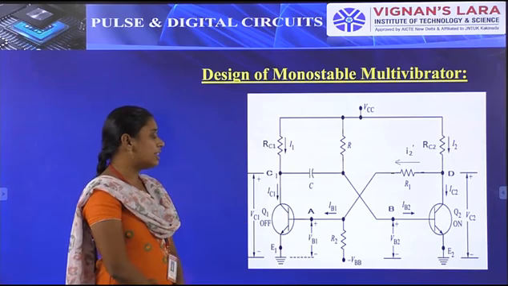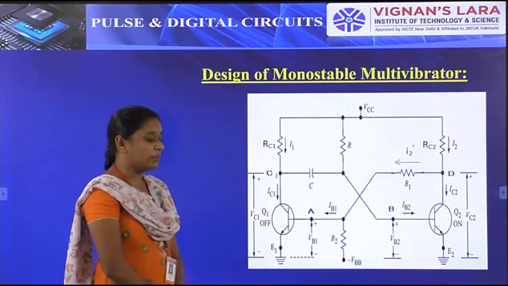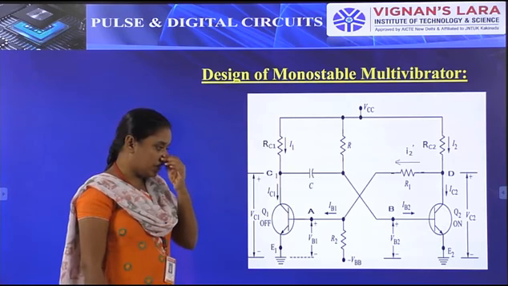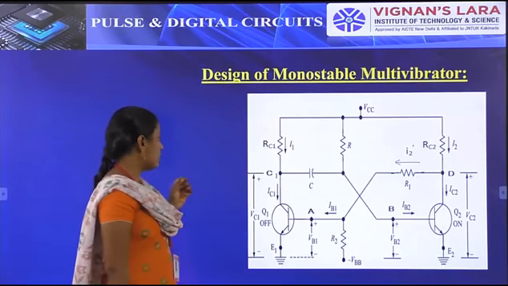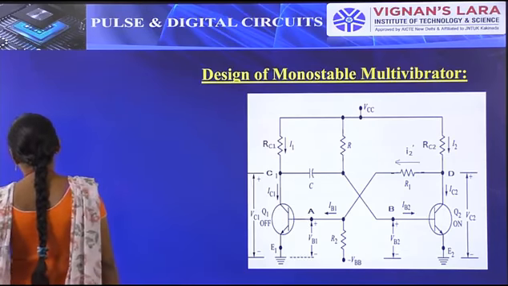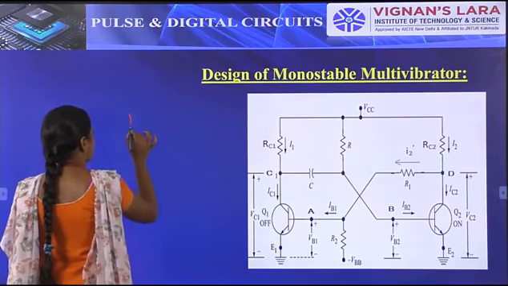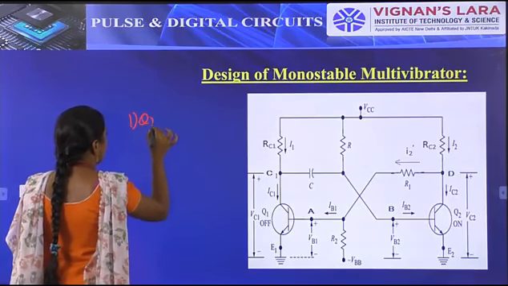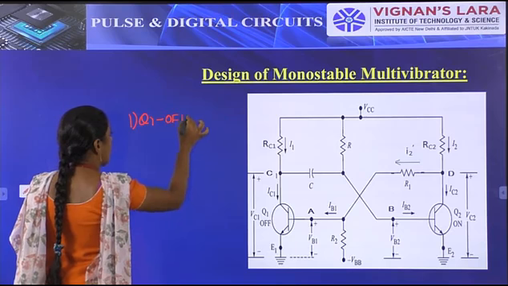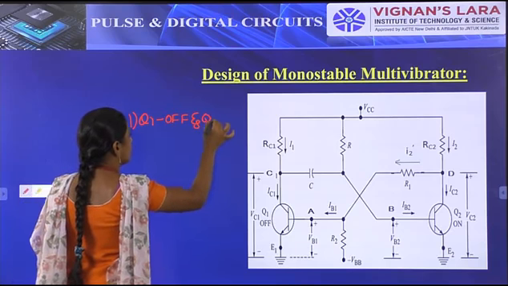The first assumption is that one of the transistors will be in off condition, and another one goes to on condition. That is, Q1 is in off condition and Q2 is in on condition.